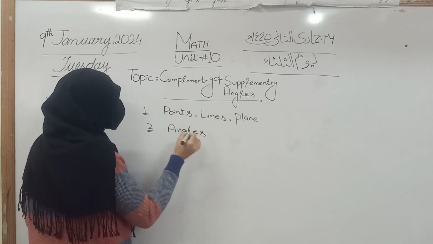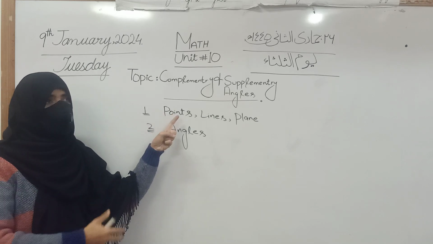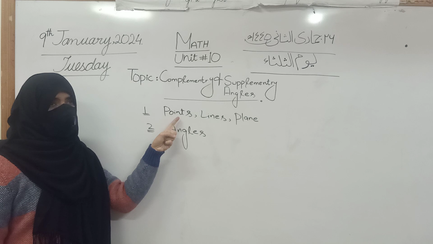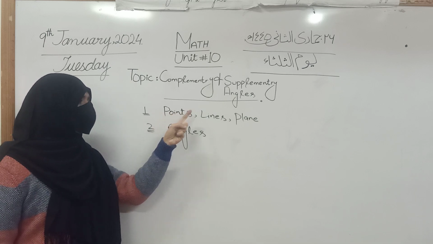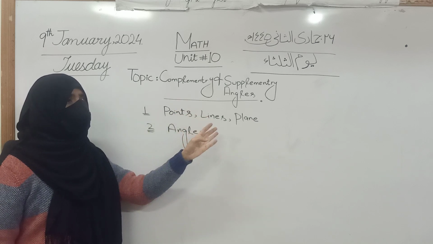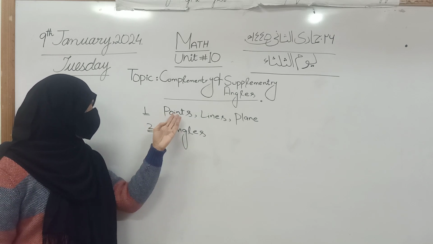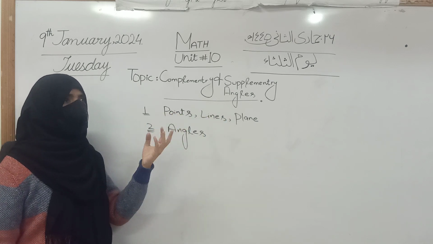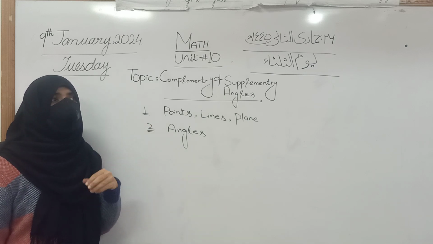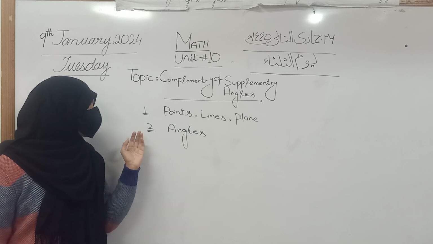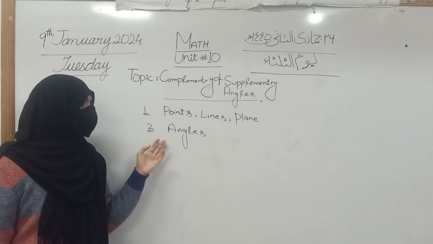Points were the basic geometry figures, and after the collection of points we got lines, and further we discussed planes. After discussing points, lines and planes, we saw that different shapes and figures can be formed, and we discussed angles in our previous lessons, and how angles are formed.